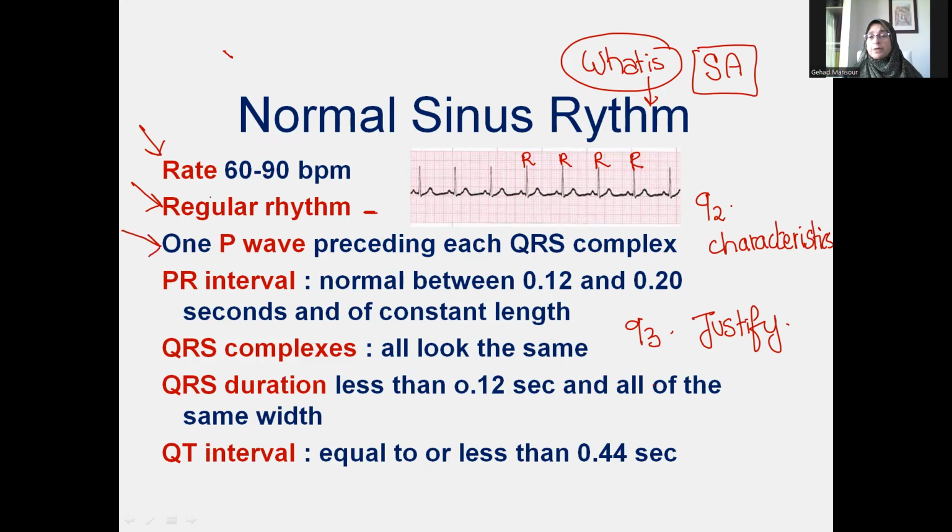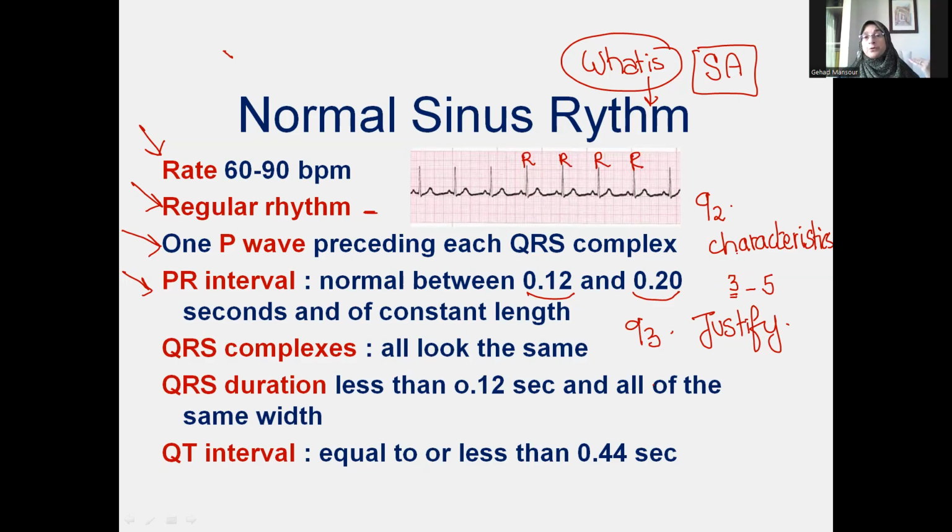There is one P wave preceding each QRS complex, and then you're going to make sure that the PR interval is within normal, meaning that the PR interval is between 0.12 and 0.20 seconds, which means 3 to 5 small squares, because every small square is 0.04 second.